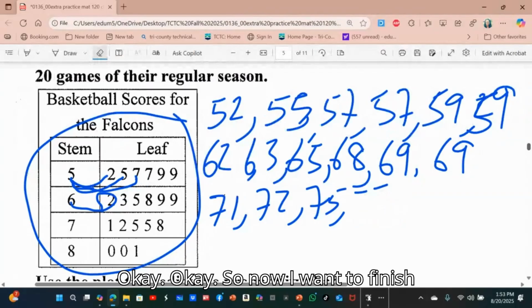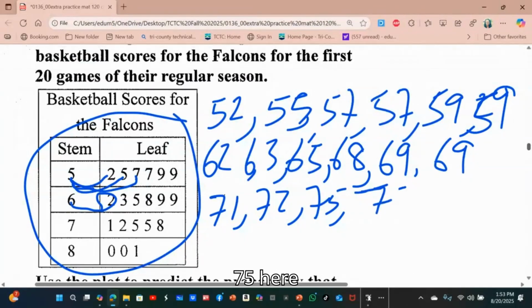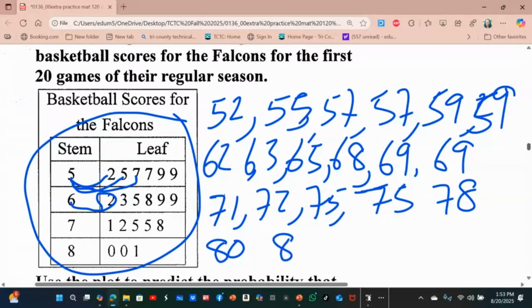So another 75 here, and another 78. And then the last row, I have 80, 80, 81.